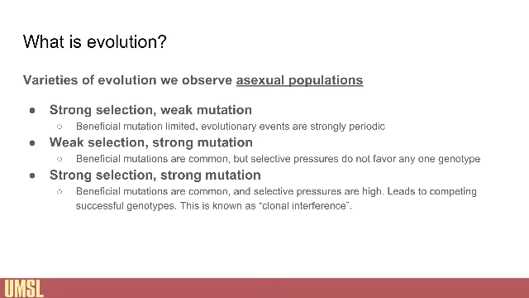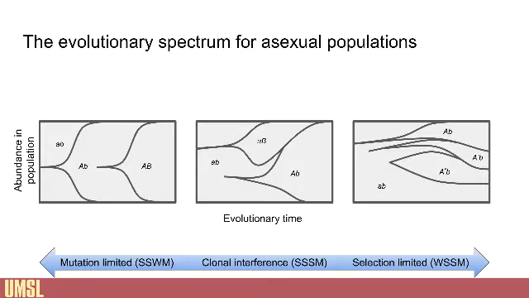And so what this does is it leads to strong competition between beneficial mutations. So these beneficial mutations arise, and the frequency that they show up is that they're temporally overlapping each other. And you end up with something that's known as clonal interference. And so this will visually make sense in the next slide.